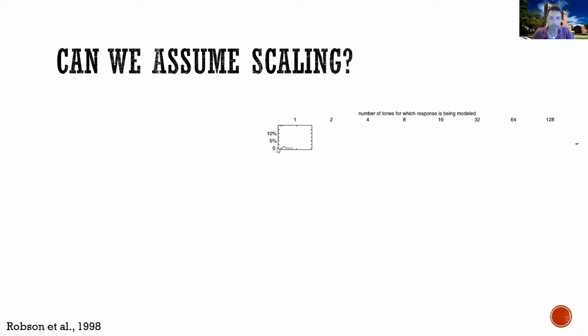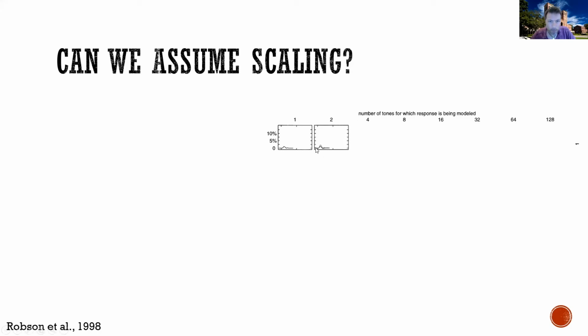What you're seeing in this line right here is the BOLD response after one tone. Their idea was, if the system is linear, I should be able to take this response, multiply it by 2, and approximate the response to 2 tones. So that's what they did. Then they actually played the 2 tones, and they looked at what the response was and how close the predicted was to the actual.